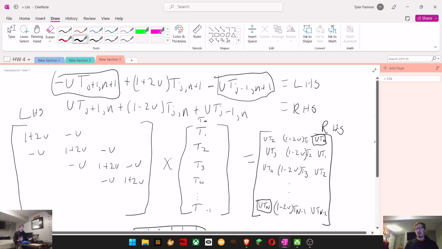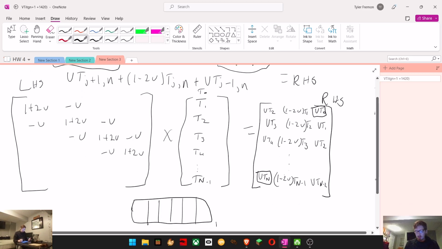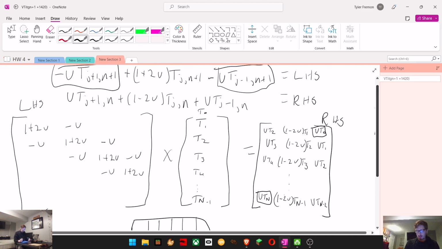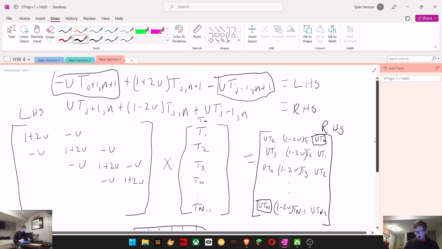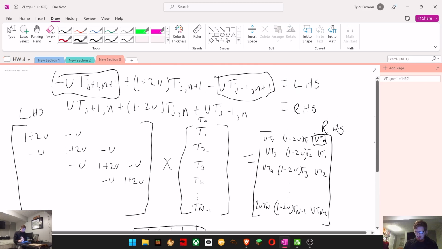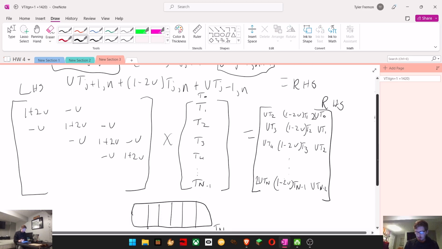Since we're only going up to the increment of t to the n minus 1, when we add 1 with the position in the left-hand side of the equation, we get t sub n. So we can actually add that back over to the right-hand side of the equation, and we'll have 2u times t sub n. And then same thing with the t sub 0. We'll have 2u t sub 0.